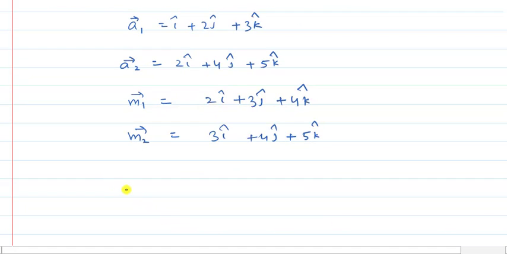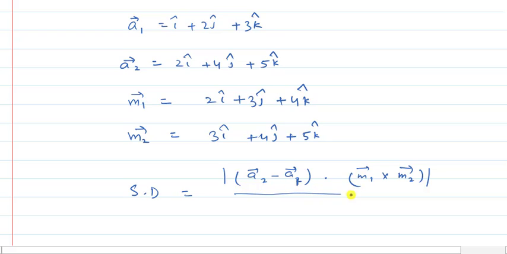Now you need to keep the formula in your mind: shortest distance is equal to modulus of A2 vector minus A1 vector dot M1 vector cross M2 vector, upon modulus of M1 vector cross M2 vector.